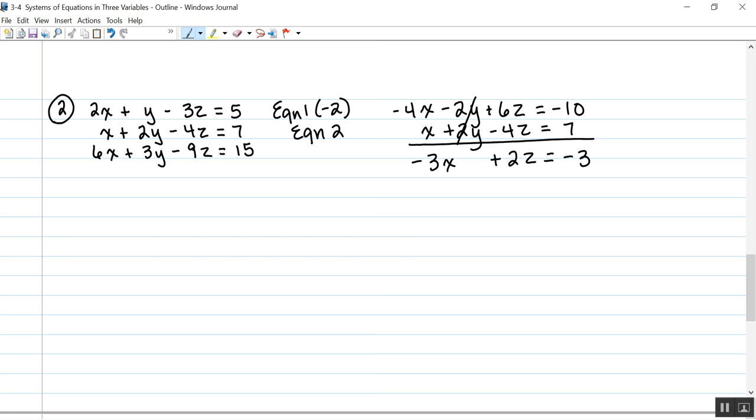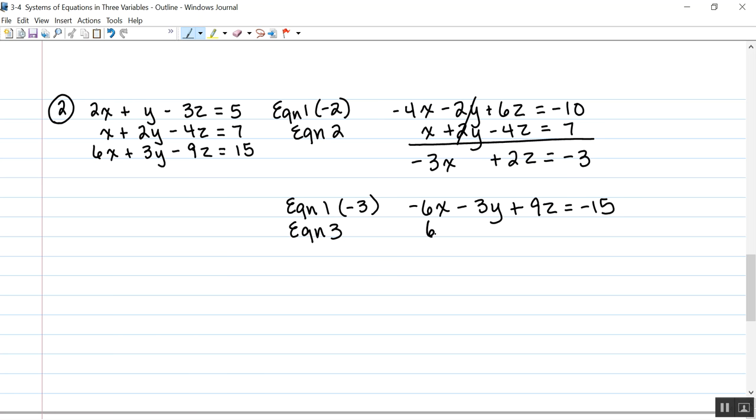Now I'd like to use two other equations and eliminate y. And maybe I'll take the first equation, equation number 1, and multiply it by a negative 3, and use the third equation. So the first equation multiplied by negative 3 gives me negative 6x minus 3y plus 9z equals negative 15.